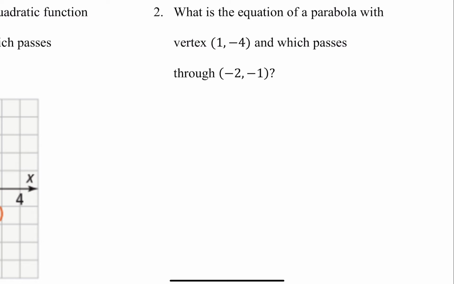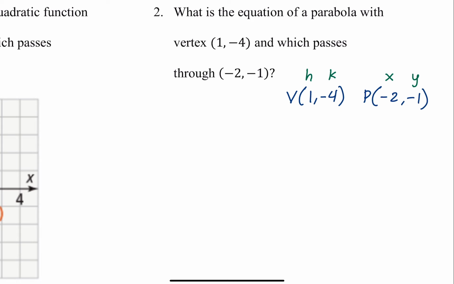So I'm just gonna write it here. Vertex is at 1, -4, and the given point is -2, -1. So for the vertex, the first number is h, second number is k. For the point, we have x and then y.